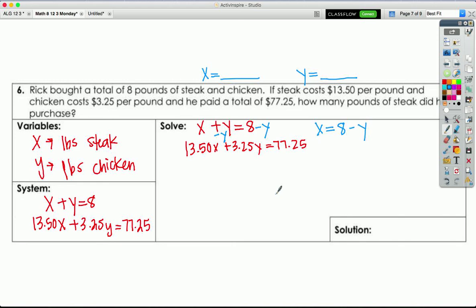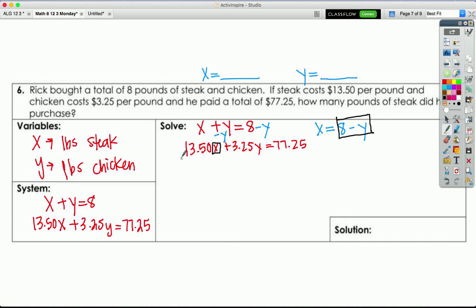I am doing substitution because if all I do all day long is elimination, that's all you're going to feel comfortable with. That's not right, because on your quiz you have to show some substitution. Some of them are going to say solve by this specific way and prove you know how. So now that I have something that x is equal to, if x is truly equal to 8 minus y, then in my other equation where the x variable was, it will be replaced with 8 minus y.